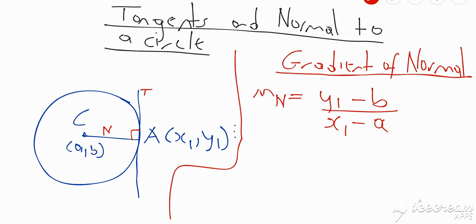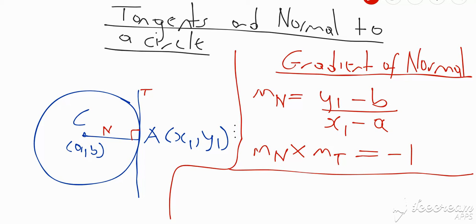Let us talk about the gradient of the tangent. Since the normal and the tangent are perpendicular, we know that this relationship will exist. If the gradient of a normal is mn, when I multiply that by the gradient of a tangent, which I'm going to call mt, I should get -1, which means the gradient of the tangent, which is mt, is the negative reciprocal of the gradient of the normal.